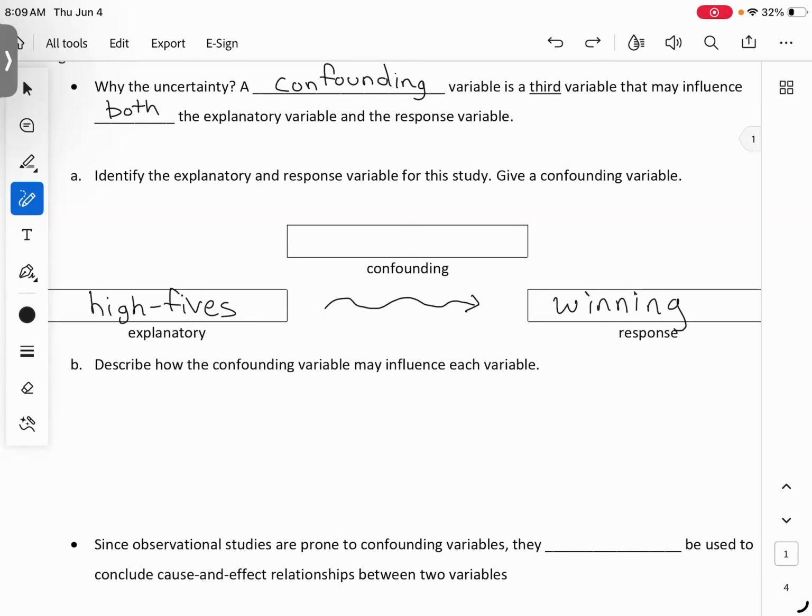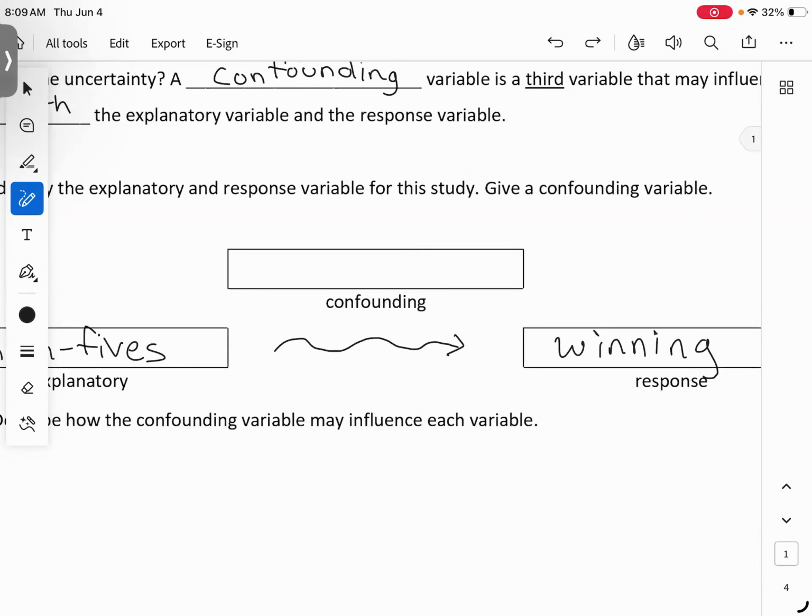Once you think of one of these third variables that wasn't mentioned in the study, that's the key thing. Whenever you're doing your homework, you have to think of something that has not already been mentioned within the prompt. Those are the explanatory and the response.